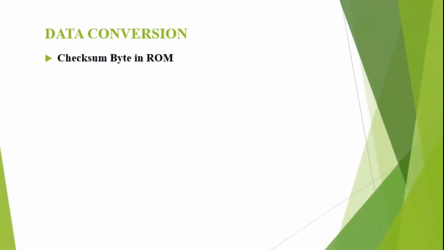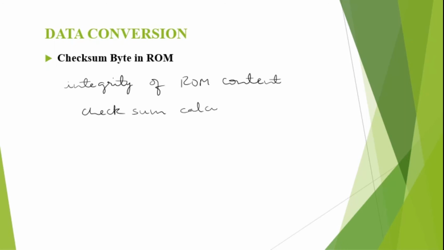Checksum byte in ROM to ensure the integrity of ROM content. The system must perform the checksum calculation. This process of calculation will detect any corruption in the data in ROM.